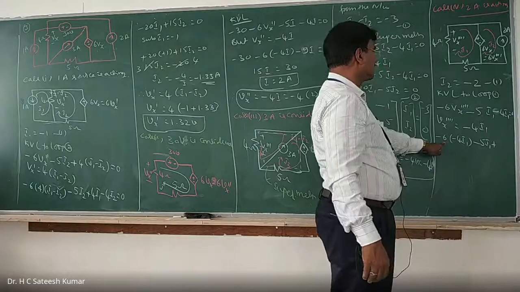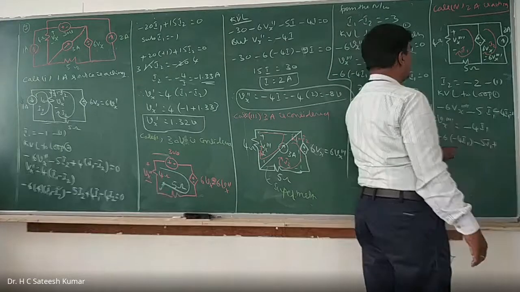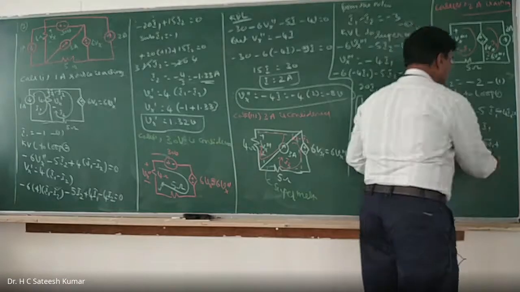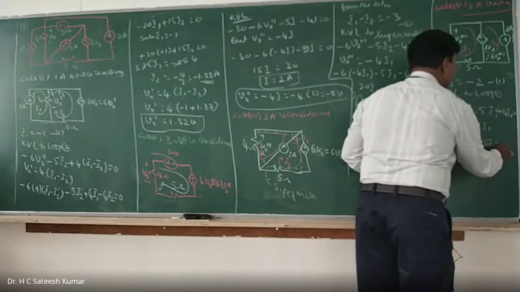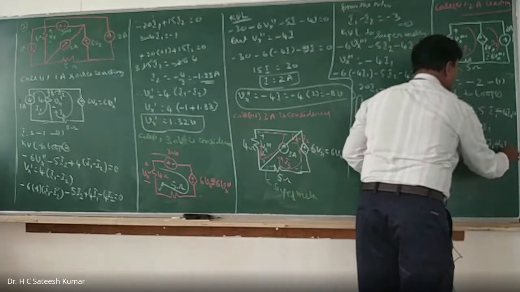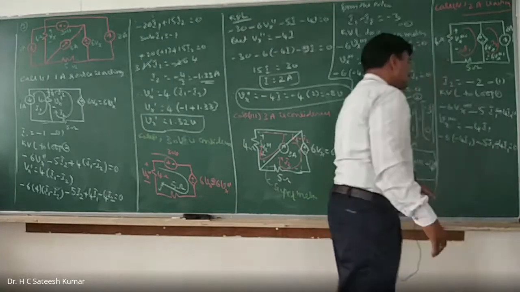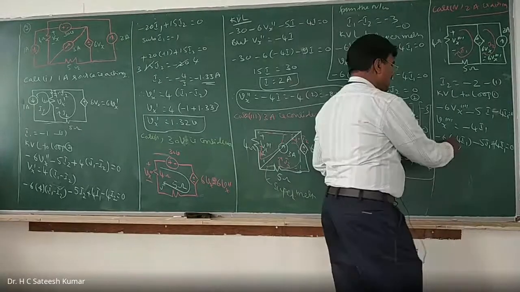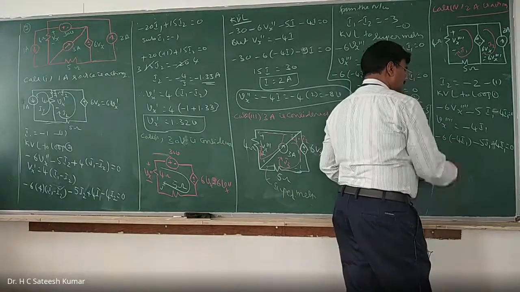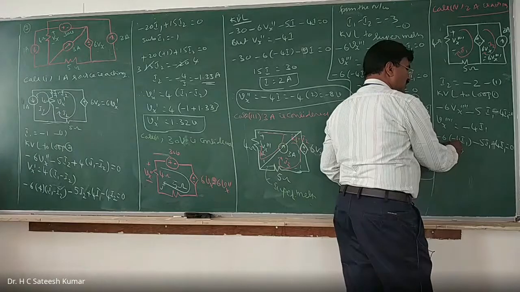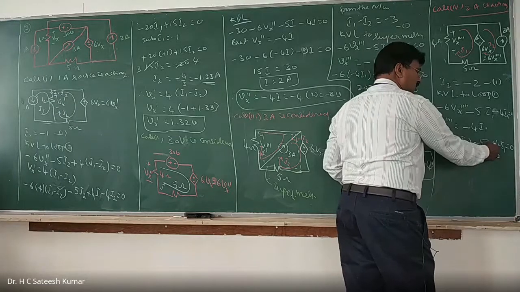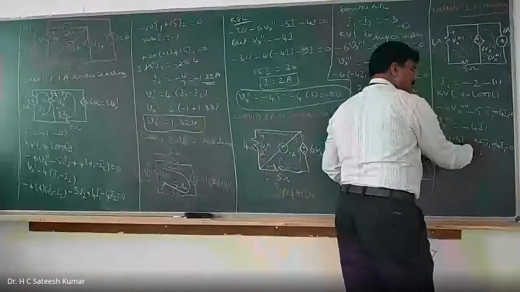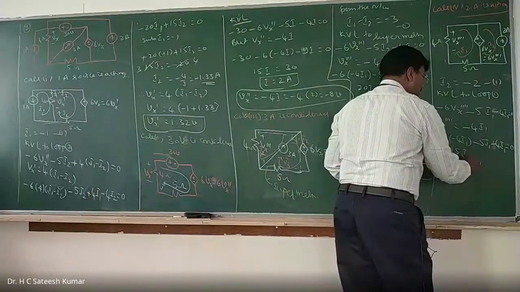Now we have minus 6 into minus 4 I1, minus 5 I1, minus 4 I1 is equal to 0. Therefore, we get 24 I1 minus 4 I1 is 20 I1, minus 5 I1 is 15 I1. 15 I1 is equal to 0.